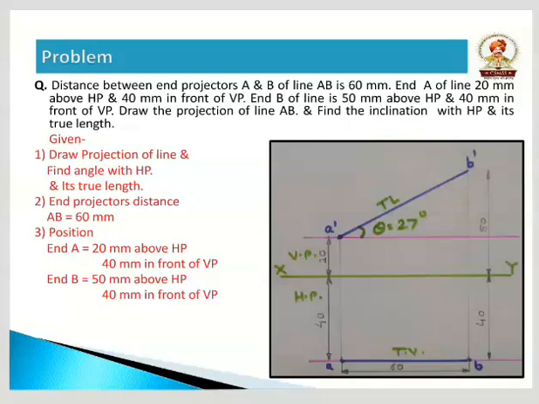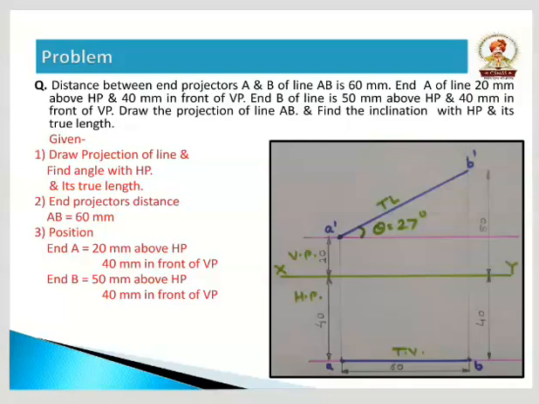Next step, draw end A 20 mm above HP, that is point a dash, and 40 mm in front of VP, which is exactly below a dash, that is point a. Draw end B 40 mm in front of VP, that is point b, and the distance between end projectors A and B is 60 mm, that is ab is equal to 60 in the top view.